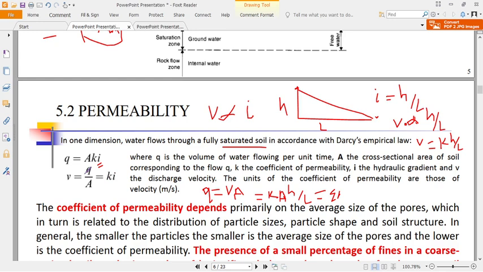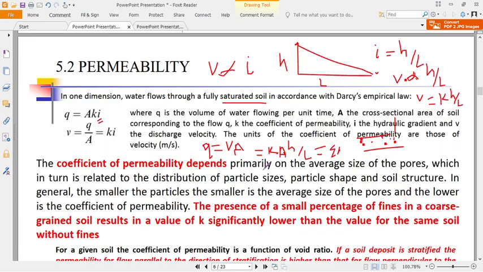If you have the amount of water which you collect per second, the volume, then you have the length of the soil sample, and you have the H, the head difference from the elevation of the tank, then you can determine how much water flows through, and we shall see how it is done in the lab.